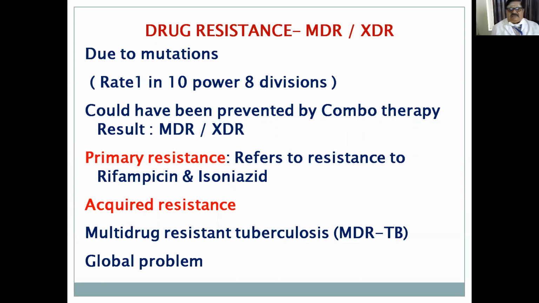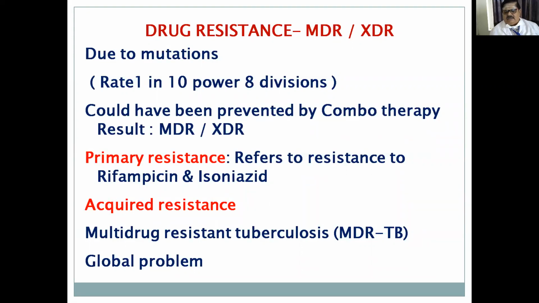Drug resistance, MDR and XDR. Due to mutations, about 1 in 10 to the power of 8 divisions, there may be a mutation. This can be prevented by giving combination therapy, so don't use a single drug, use combination. Again, the resistance may be primary or secondary. Primary resistance refers to resistance to rifampicin and isoniazid.